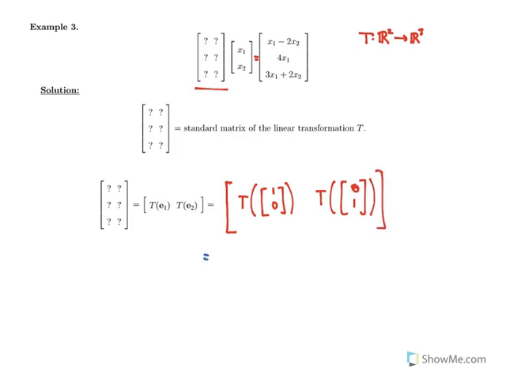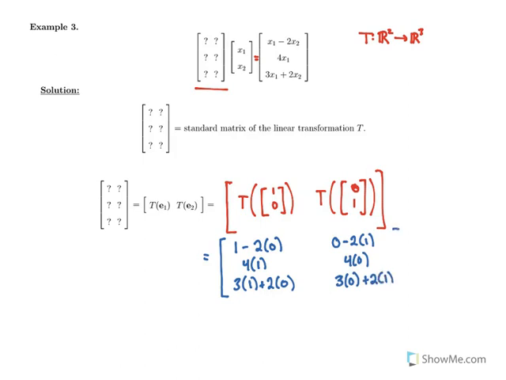So that matrix will be, for the first column, x1 is 1, x2 is 0. That's going to be (1 - 2 times 0, 4 times 1, 3 times 1 + 2 times 0). And then for the other one, I have T of (0, 1). x1 is 0, x2 is 1. That'll be (0 - 2 times 1, 4 times 0, 3 times 0 + 2 times 1).